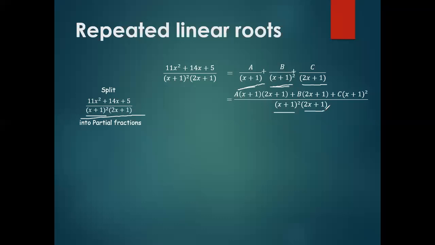Then you ask yourself, how many times will x plus 1 go into (x plus 1) squared times (2x plus 1)? It's going to be x plus 1 times 2x plus 1. That is the number of times this denominator will go into the resulting denominator here.